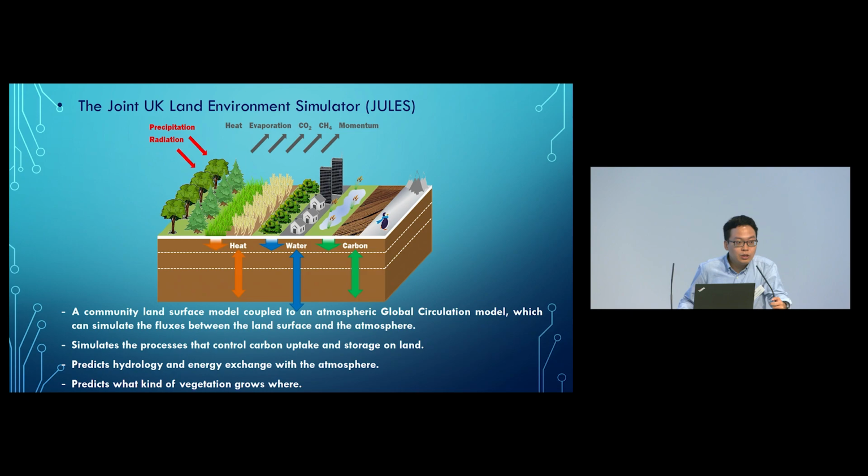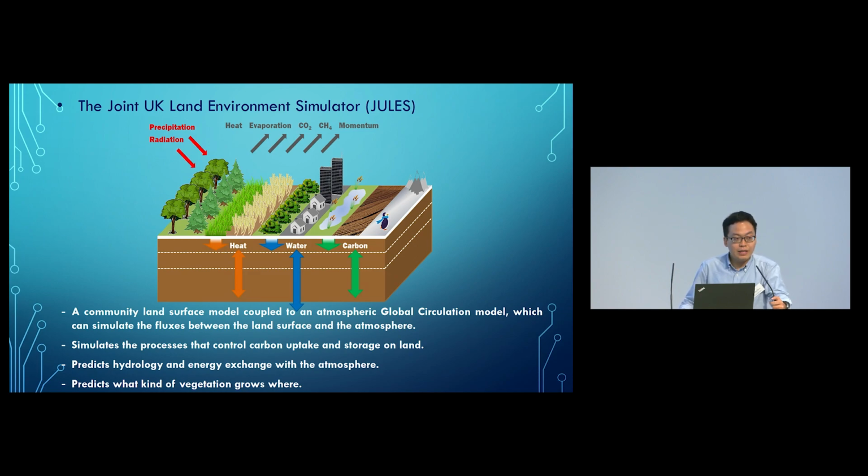This is the model we used in our research, the Joint UK Land Environment Simulator. This is a model developed by the UK Met Office, originally as a community land surface model, which is coupled to a global circulation model.